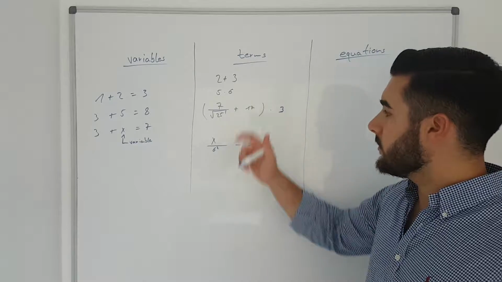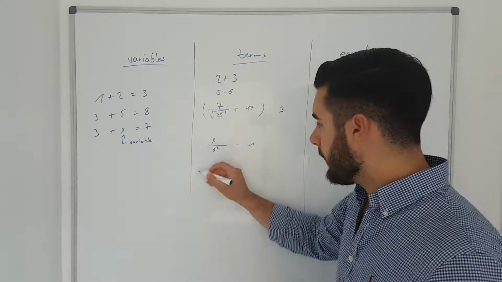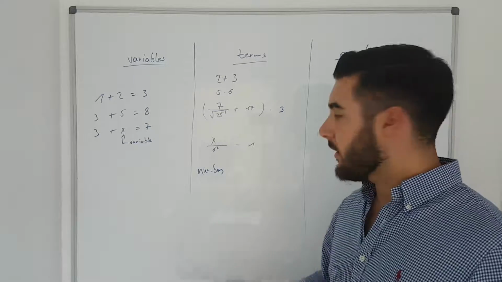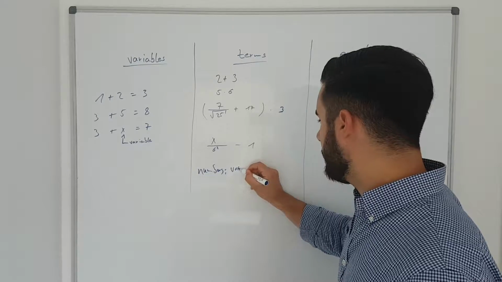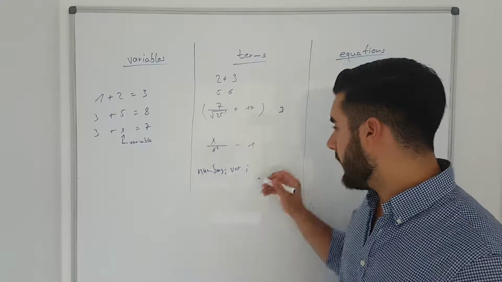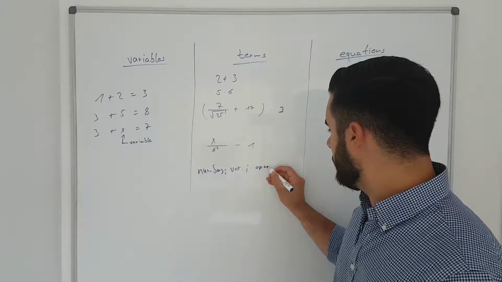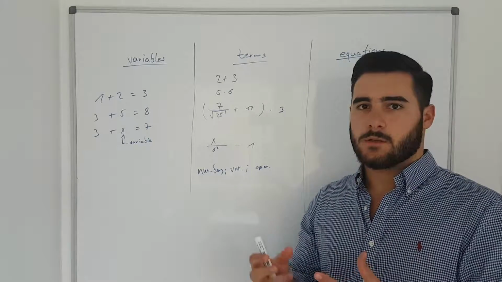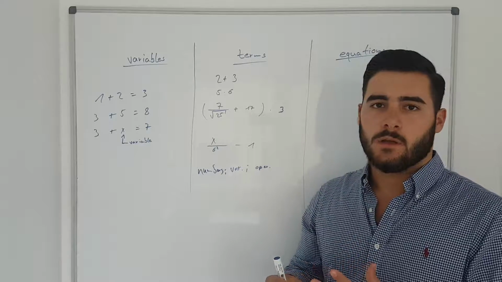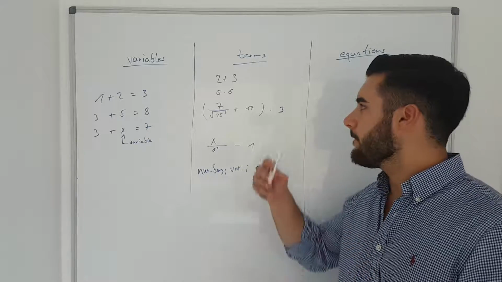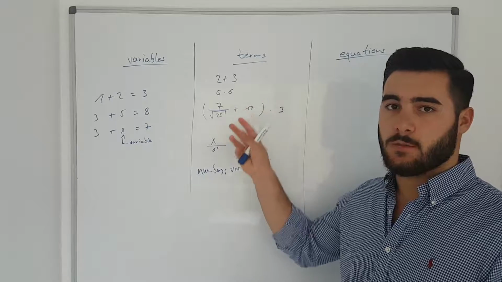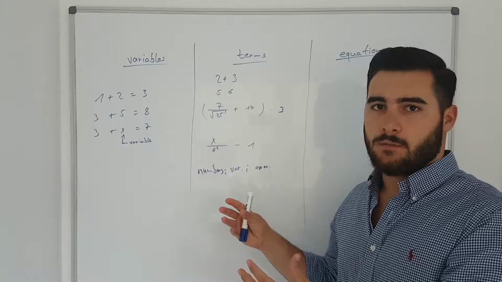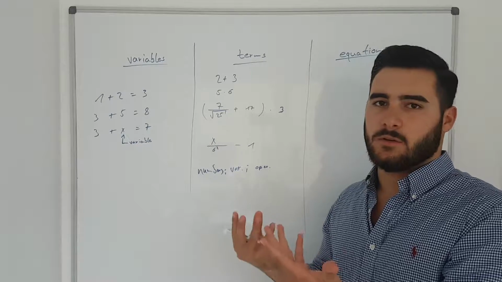So in terms you can have numbers, you can have variables, and you can have operators. Like I've already touched upon with our examples, 2 apples plus 3 apples is basically your term.